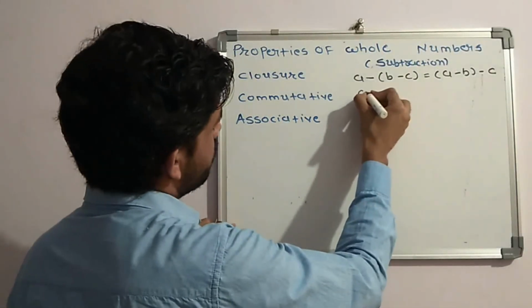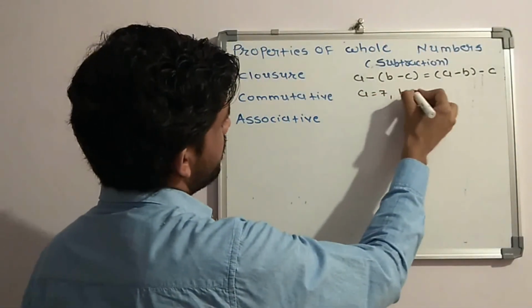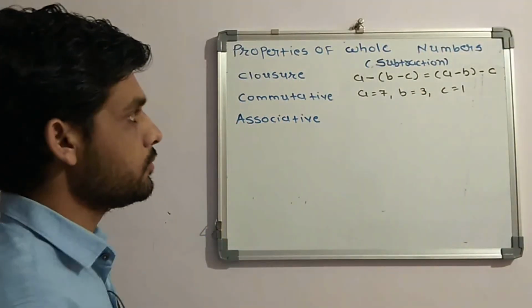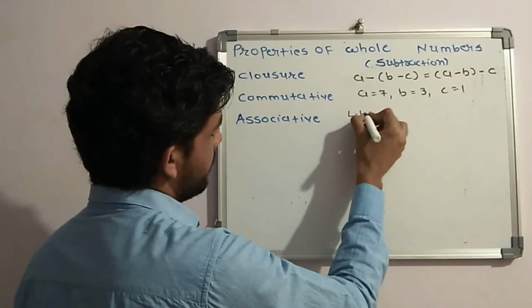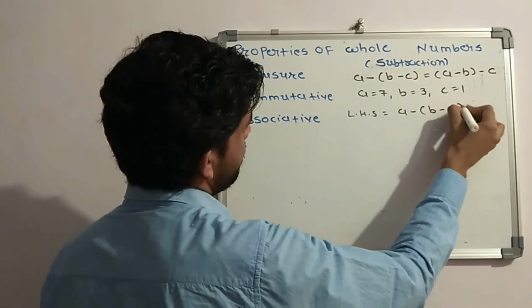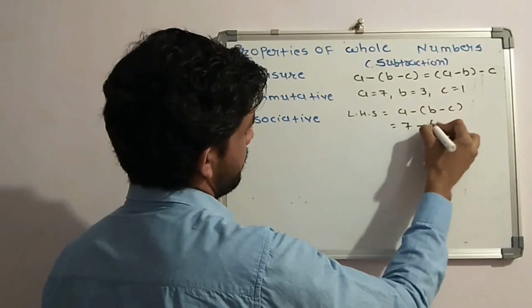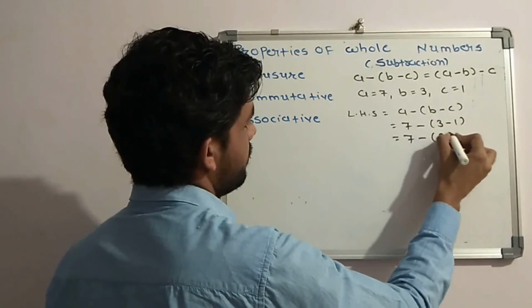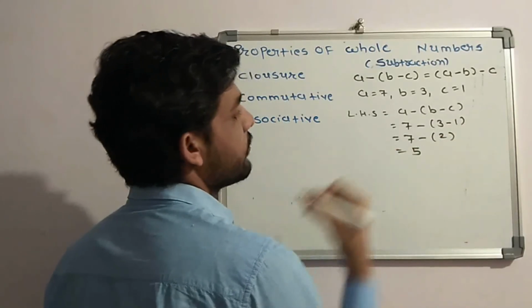Let me take a is equal to 7, b is equal to 3 and c is equal to 1. Let me get first the left hand side. That is a minus bracket b minus c. So here 7 minus 3 minus 1. Then 7 minus here 2. The 7 minus 2 is 5.